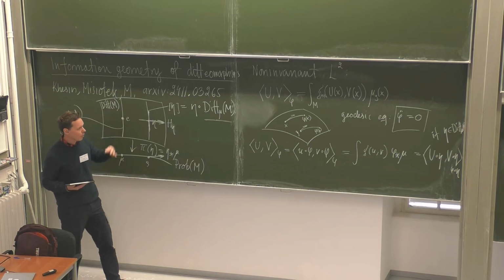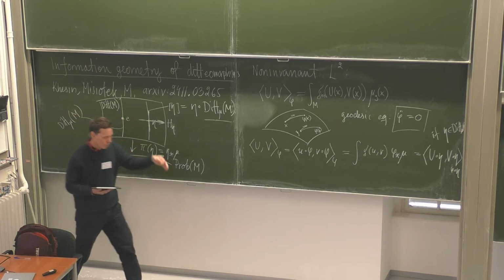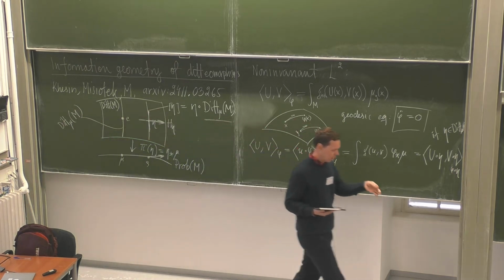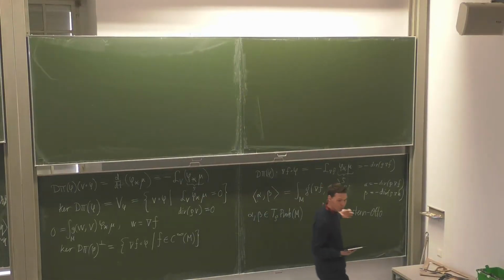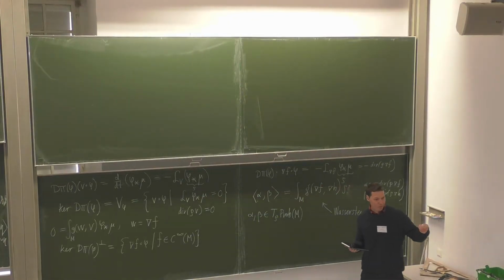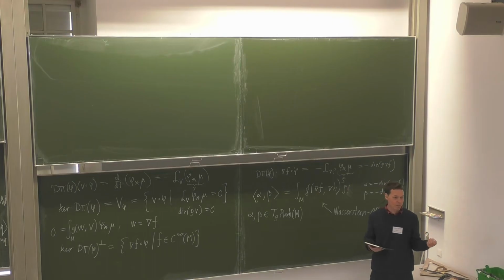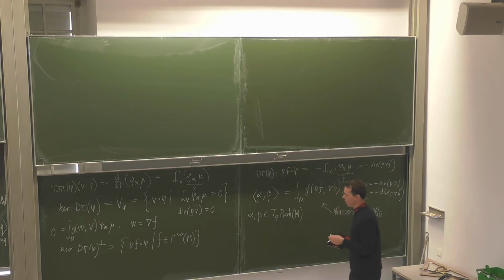And if you think about this in terms of a map that takes you from here to there, and you formulate it as a transport problem, you see that exactly what happens when you solve this geodesic equation between the fibers is that you're solving the L2 optimal transport problem. So this is a Riemannian metric for which the corresponding Riemannian distance is the L2 Wasserstein distance.